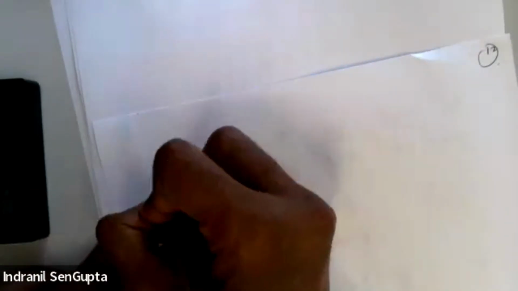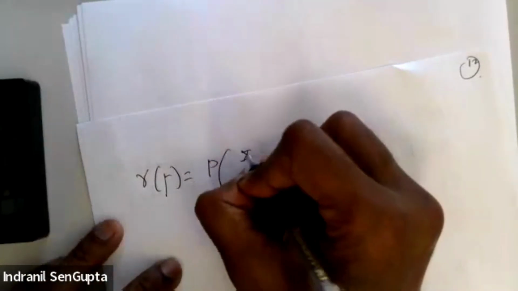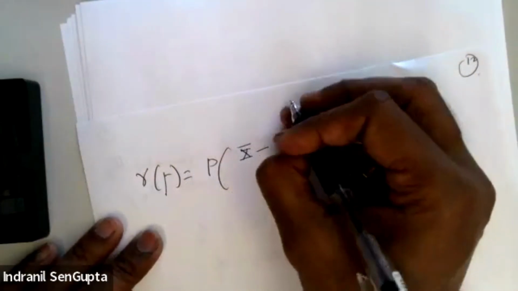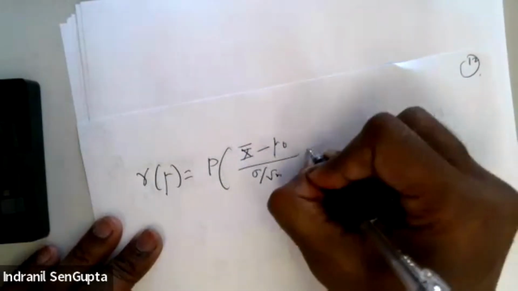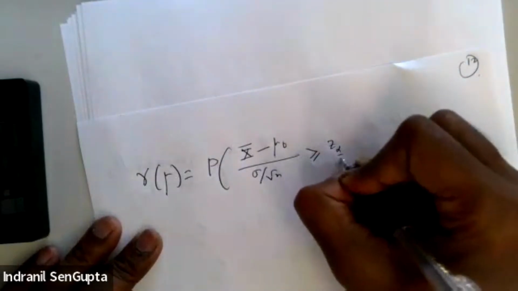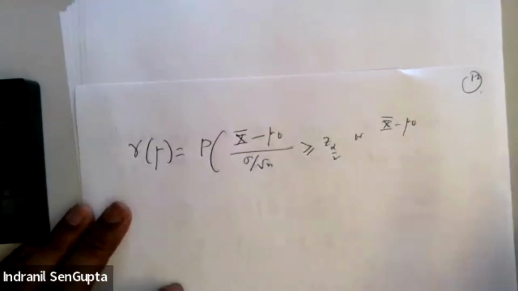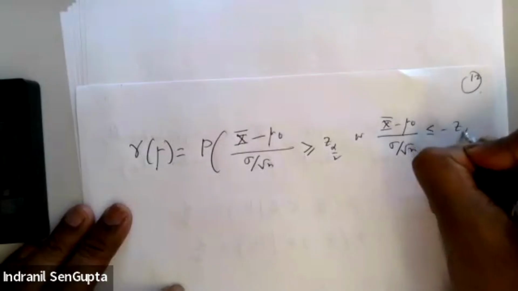In this case, gamma of mu would be the probability that (x bar minus mu sub 0) over sigma square root of n is more than z of alpha over 2, or (x bar minus mu sub 0) over sigma square root of n is less than minus z of alpha over 2.